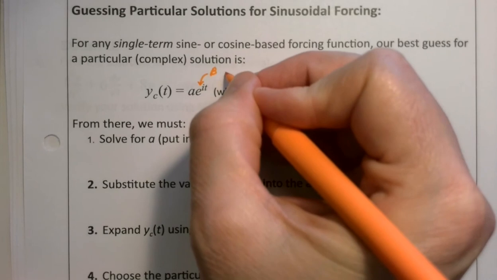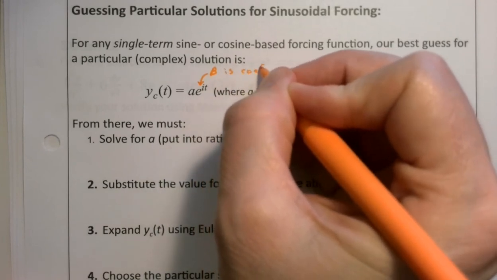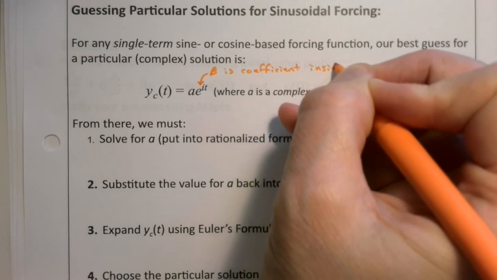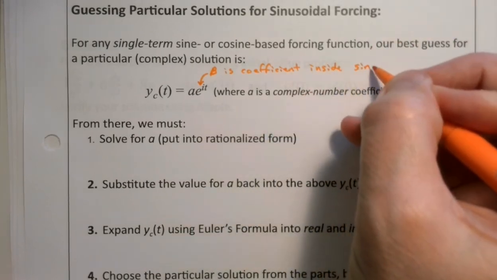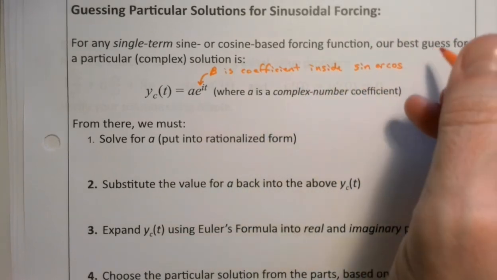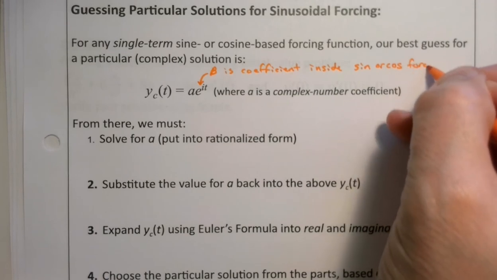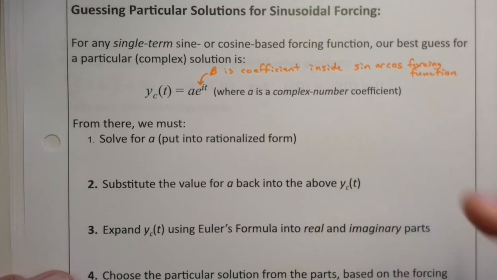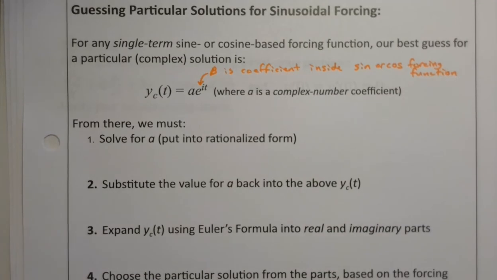Beta is the coefficient inside the sine or cosine forcing function. So there should be a beta inside there. This is assuming, I guess, that beta is equal to 1.